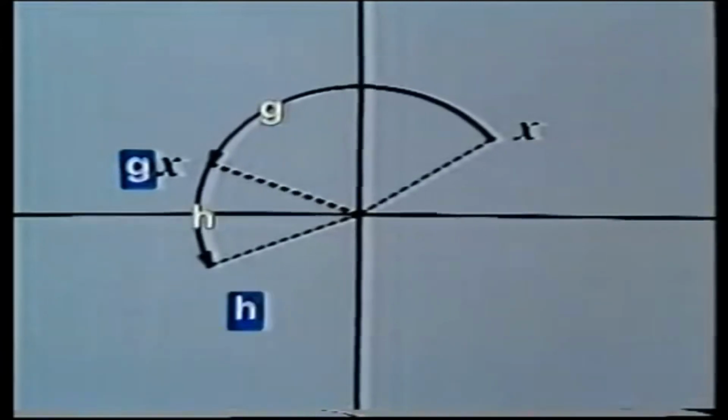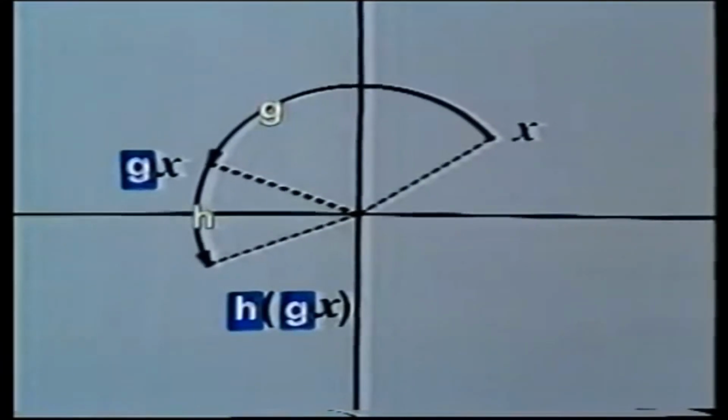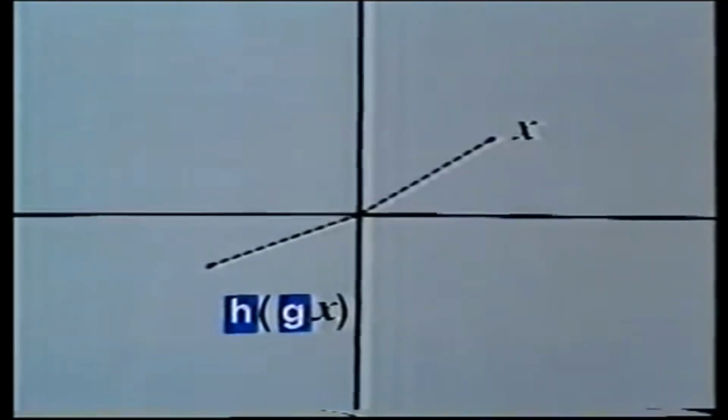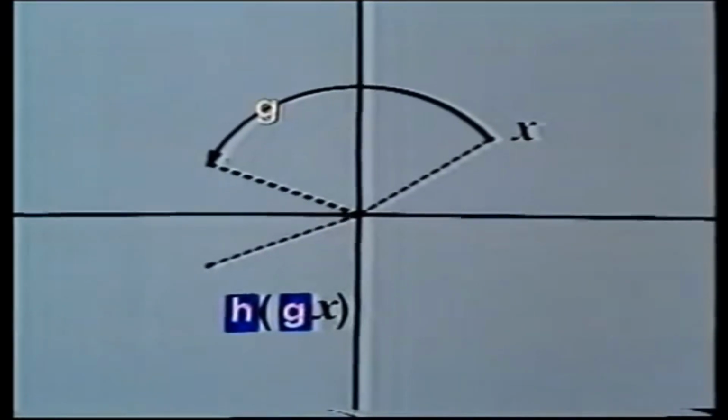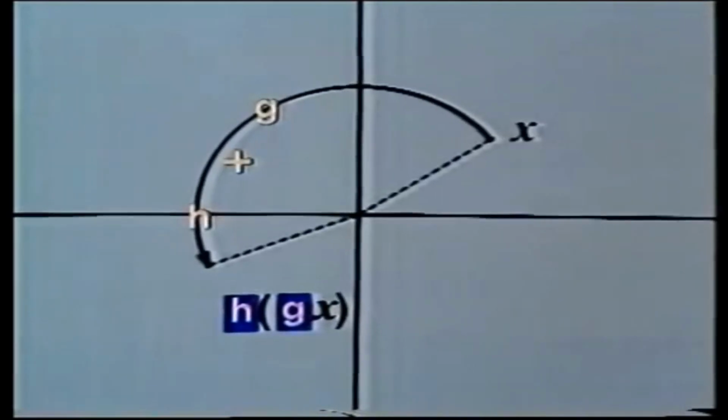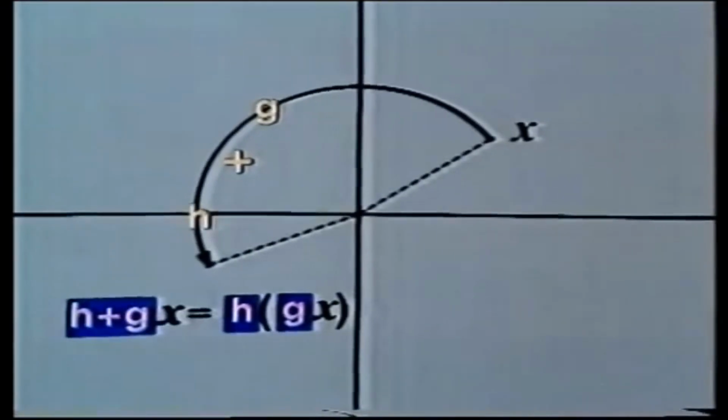This is the action h on gx. Now, we could have got to that point directly from x. This is the rotation through g, followed by the rotation through h. That's the same as the rotation through h plus g. So h plus g acting on x is the same as h acting on gx. So the first axiom for a group action is satisfied.